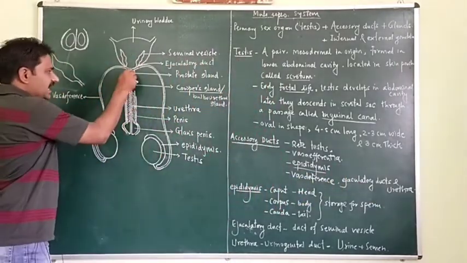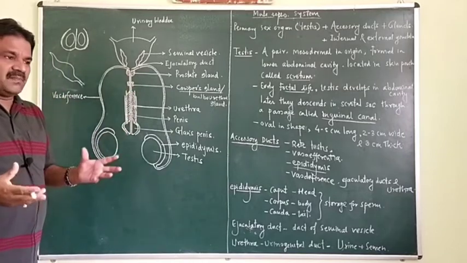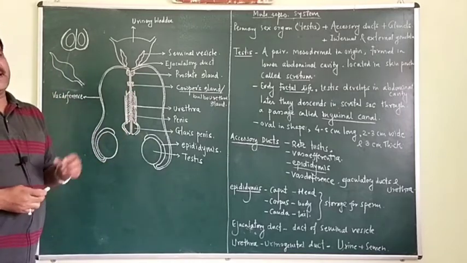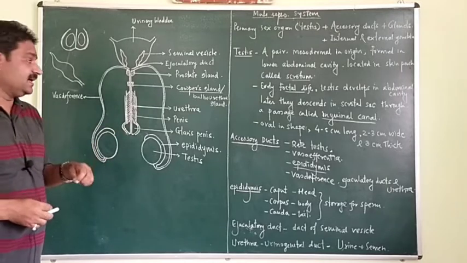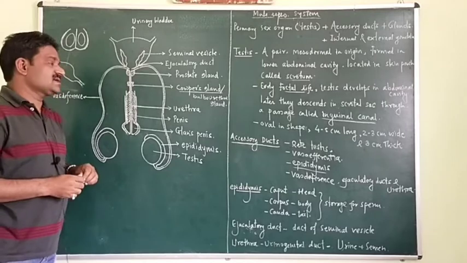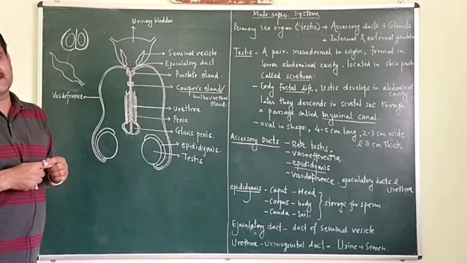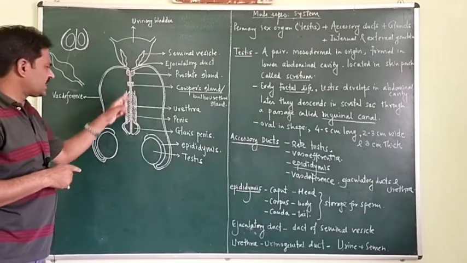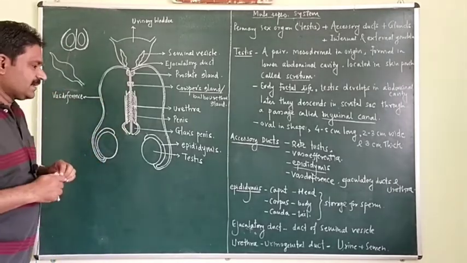This urethra acts as a common passage because it carries the urine as well as semen. Both the contents are carried by this duct, that's why it is called the urinogenital duct. In case of male this urethra is long, in case of female urethra is short.